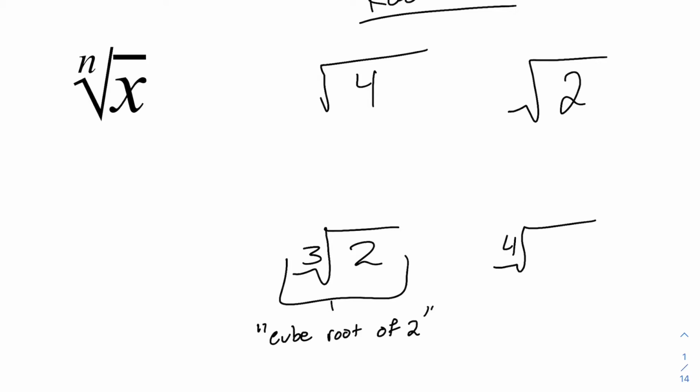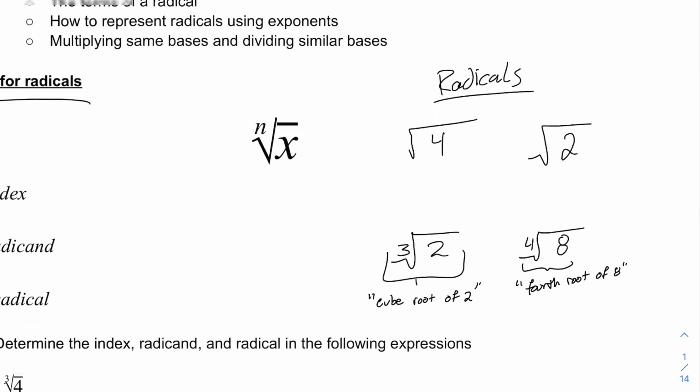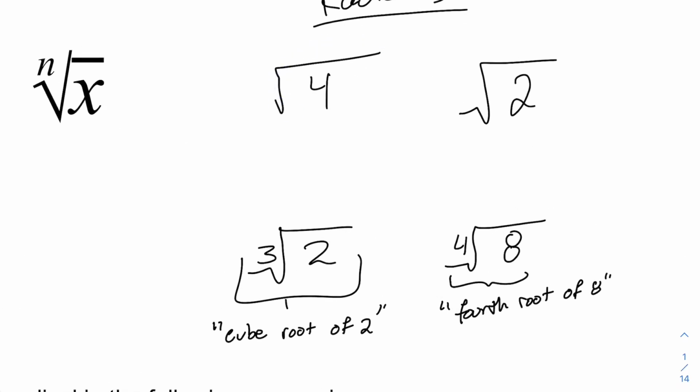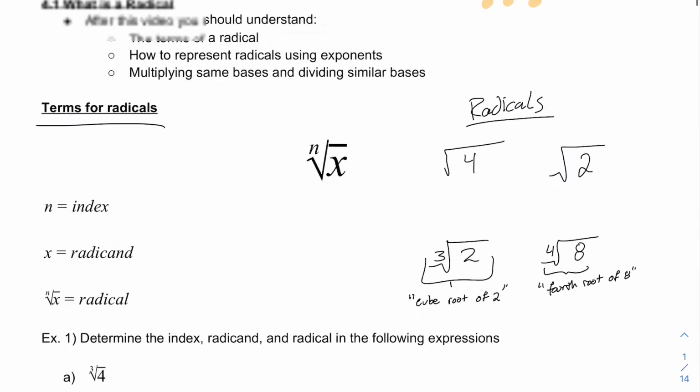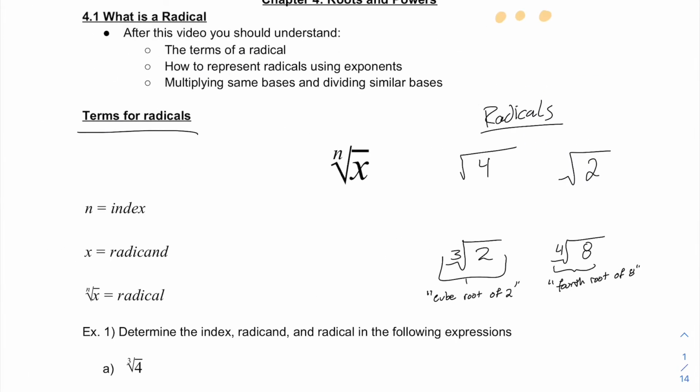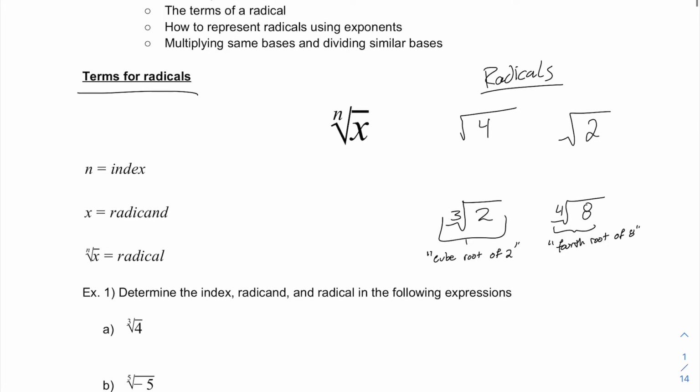The fourth root of, let's say, 8. That's how you would read that, the fourth root of 8. As you can see, a radical is anytime you have this thing here, and that is what we're all talking about here.